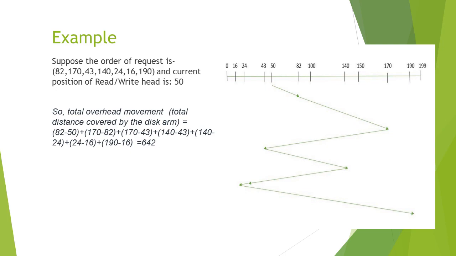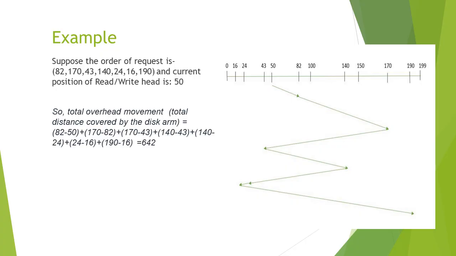The requests are plotted, and from 50 it goes to 82, since 82 came first, and from 82 it goes to 170. But between 82 and 170 there are a few more requests that have not been addressed, so time is wasted unless it has to come back.